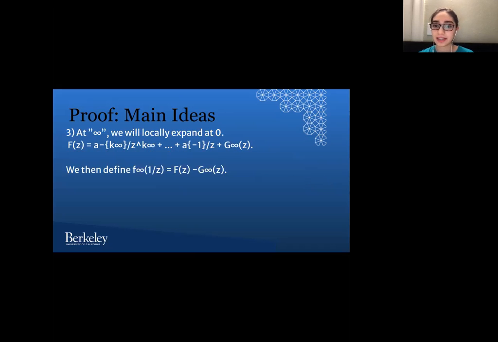So next, at infinity, we locally expand at 0. So capital F of z is equal to a_{-k_infinity} over z to the k_infinity, the sum all the way until a_{-1} over z plus g_infinity of z. And we then define small f_infinity of 1 over z to be capital F of z minus g_infinity of z.